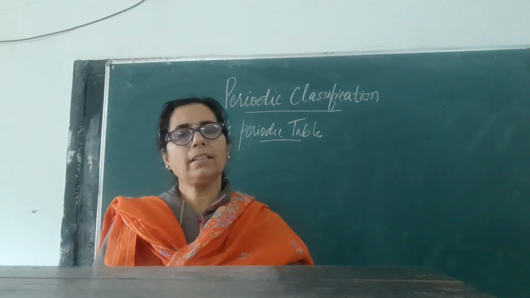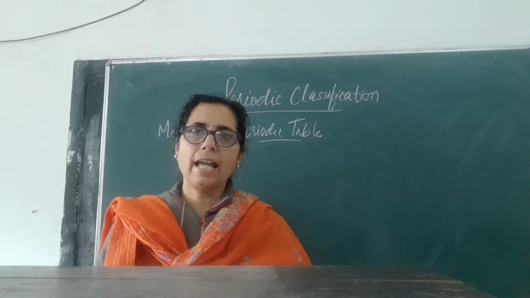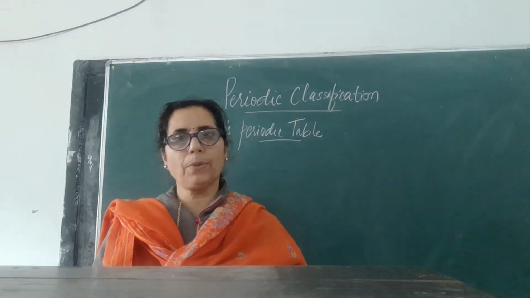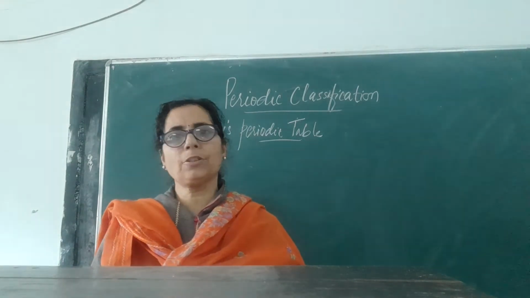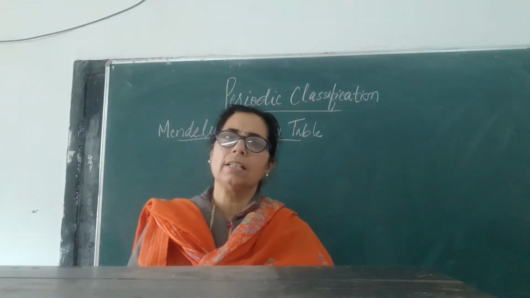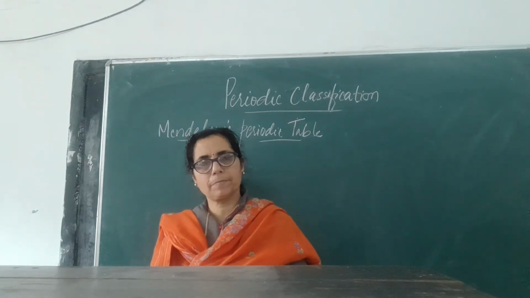Mendeleev took into consideration the atomic masses and the physical and chemical properties. Actually, he took two points: atomic mass and physical and chemical properties as the main basis of classification of the elements.